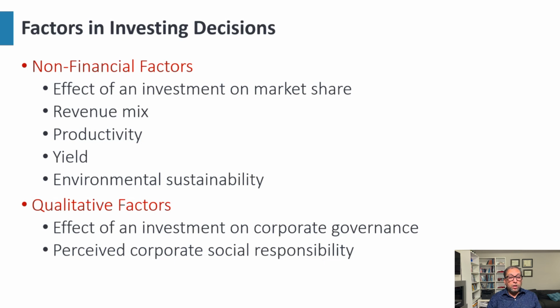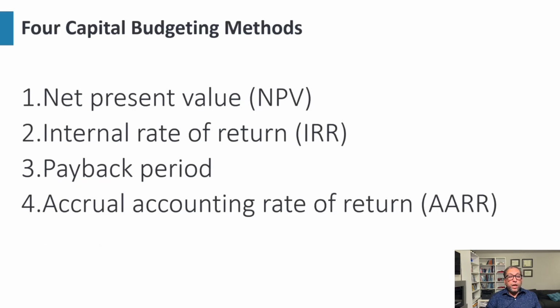Perceived corporate social responsibility. Now, for capital budgeting methods, there are four methods we normally talk about in finance as well. And the first one and the most important one is the net present value, NPV. Now, NPV we have to calculate based on cash flows. And if NPV is positive, we consider those projects. With a negative NPV, we can straight away reject those projects.